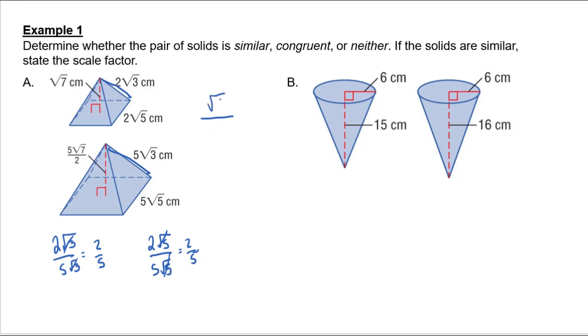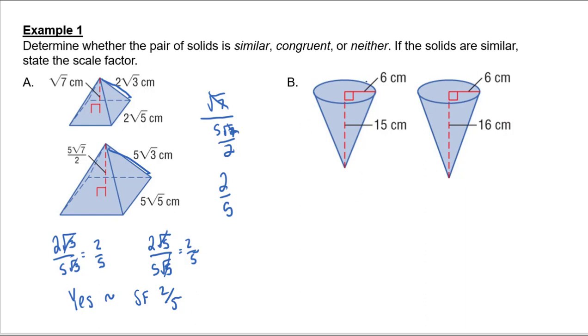That's a 7. So those 7s cancel, and you flip the denominator to bring it to the numerator. We got the same scale factor. So yes, they're similar. Our scale factor is 2/5.